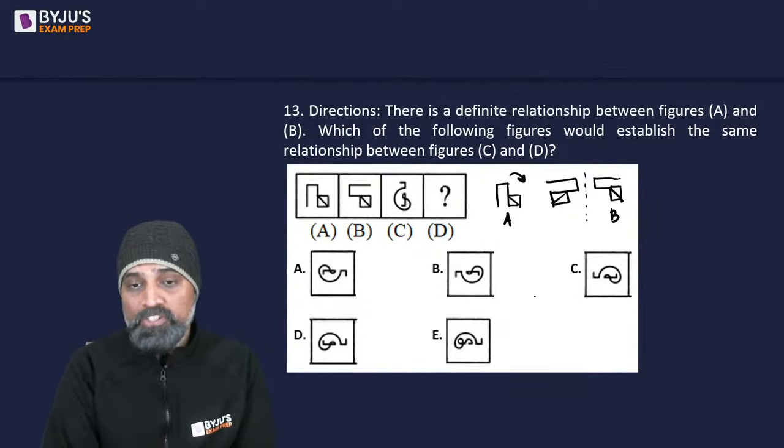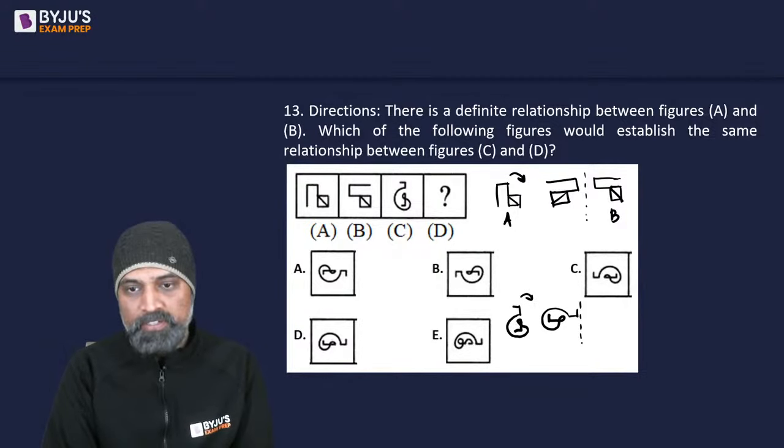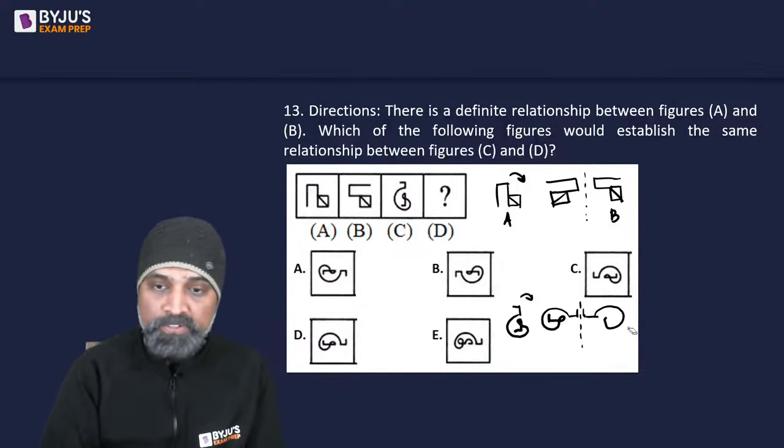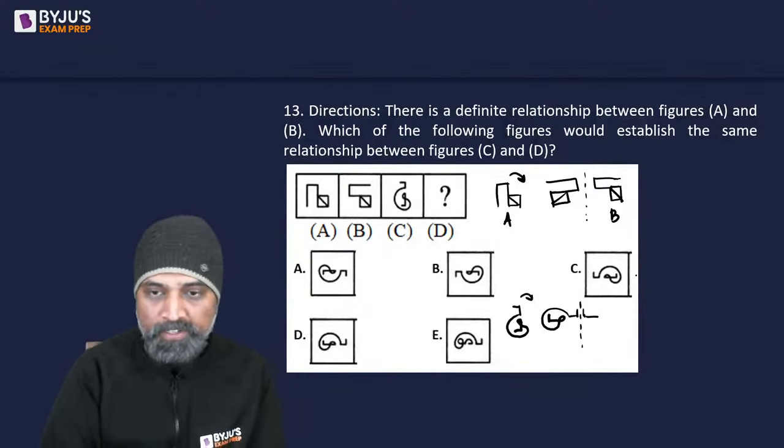If I go by that logic, I have this particular figure which is like a 5 with an S inside. So I'm going to flip it. When I flip it, this is the figure that I'm going to get. And then when I draw the mirror image, it's really difficult, it's very curvy.